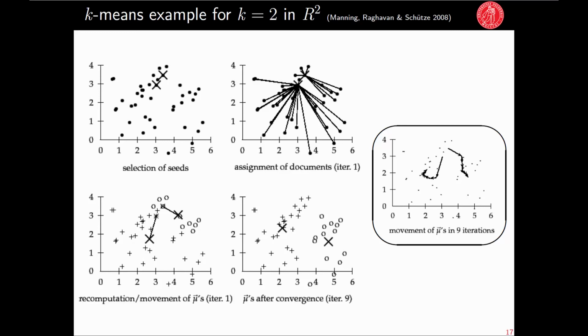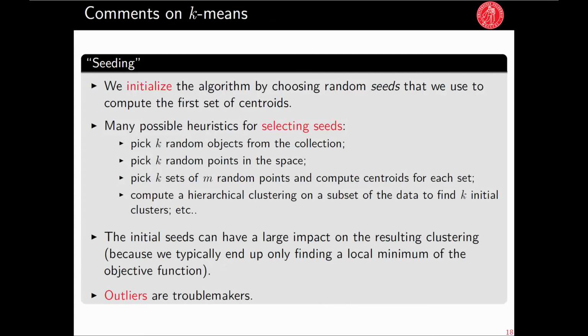So outliers in the space, just like in Rocchio classification, are something we'd like to avoid when doing k-means clustering.